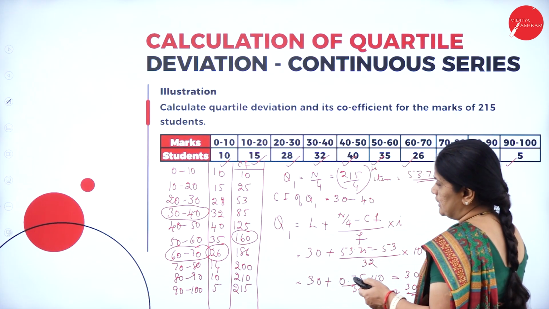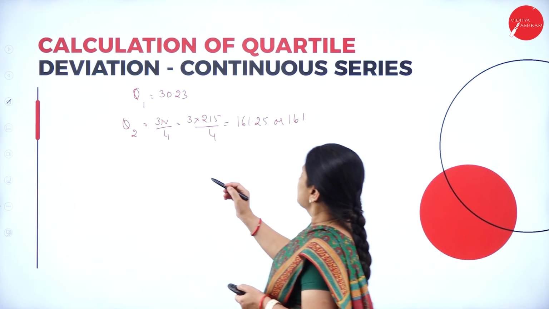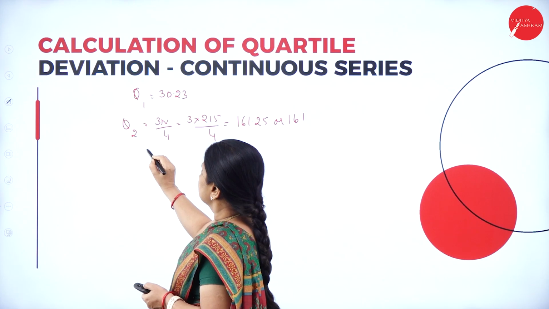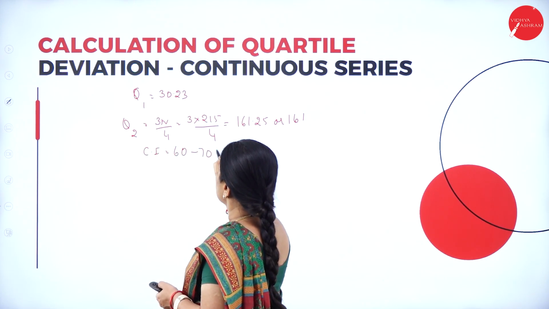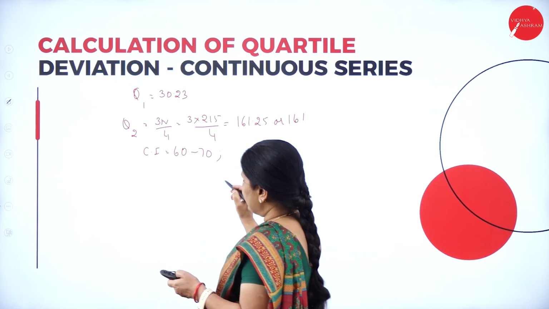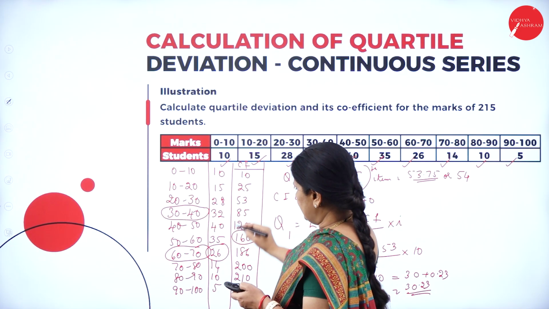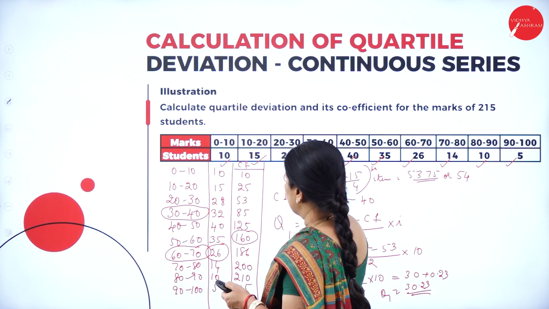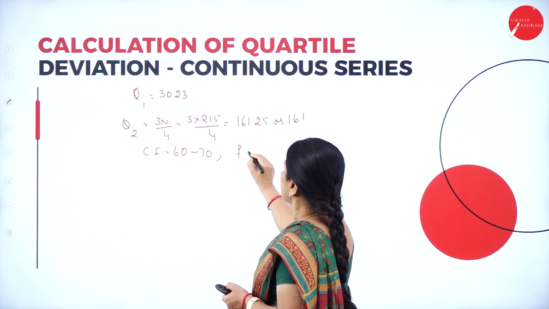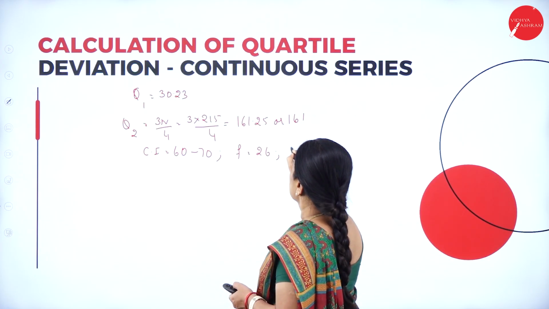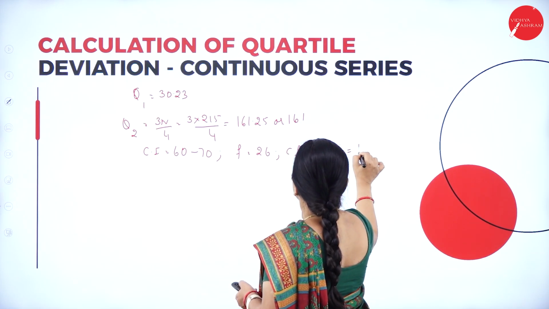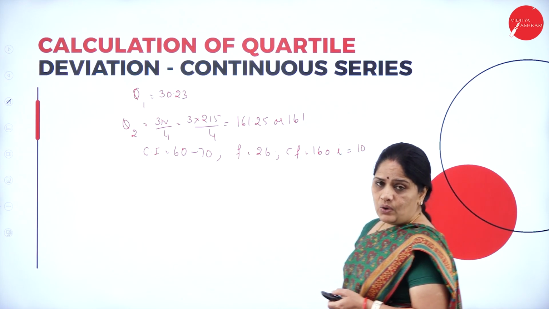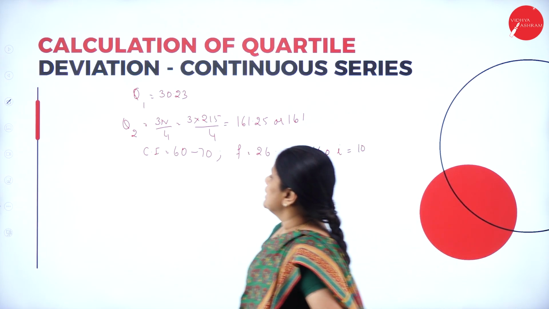So I write here in the next slide, the class interval is between 60 to 70, and next, what is the frequency? Frequency is 26, F equals 26, CF equals 160, I equals 10. Now I substitute the values here.